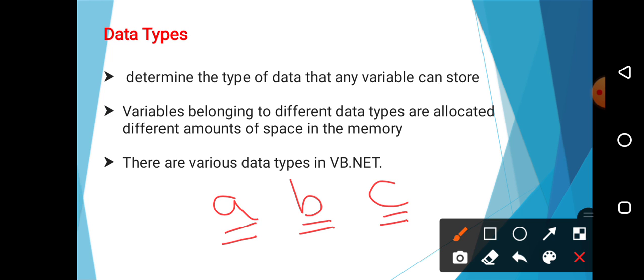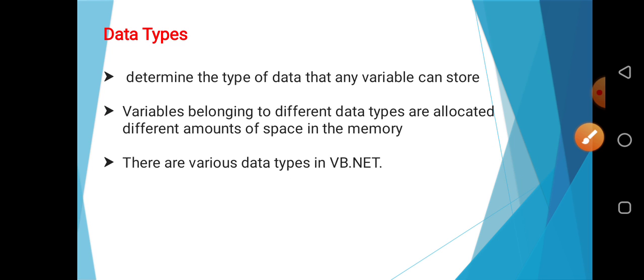So here I can add 1 and 2 and the answer will be 3, or I can write 1.1 and 2.5 over here. So data may be different according to every application. As per the requirement of the user, the data will change.